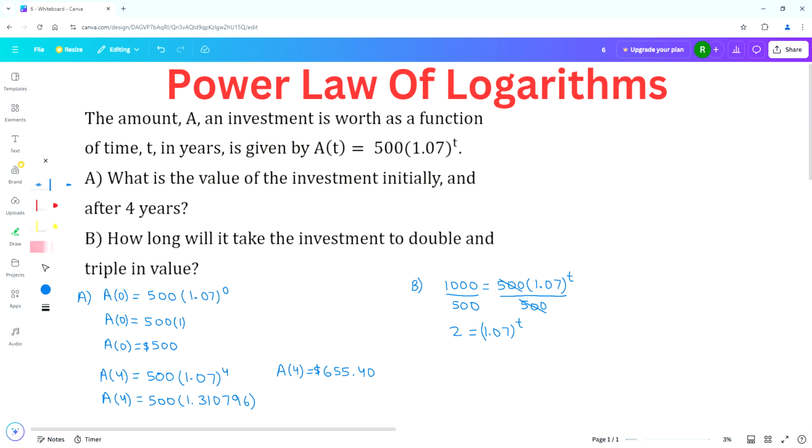We have to find the value of t. We cannot get the same base on both sides of this equation because we cannot write 2 as a power of 1.07. So we have to use logarithms to find the value of t. We should apply log to both sides.